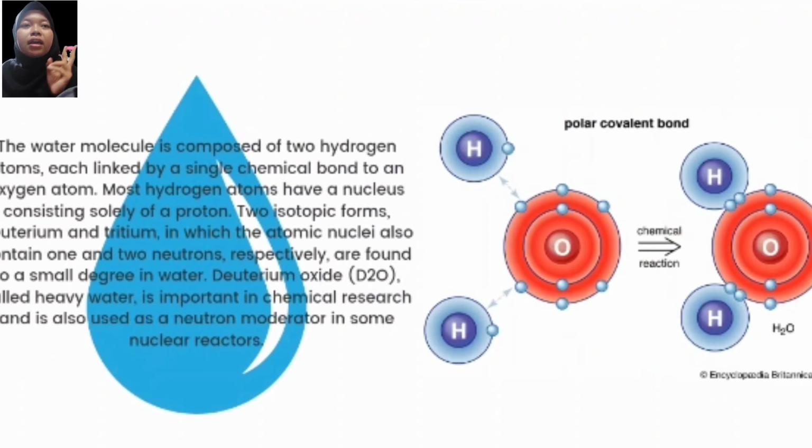Two isotopic forms, deuterium and tritium, in which the atomic nuclei also contain 1 and 2 neutrons, respectively, are found to a small degree in water. Deuterium oxide, D2O, called heavy water, is important in chemical research and is also used as a neutron moderator in some nuclear reactors.